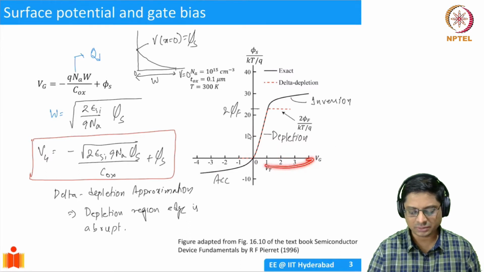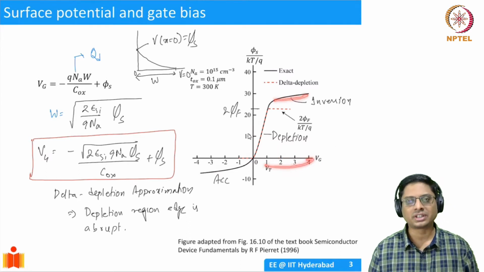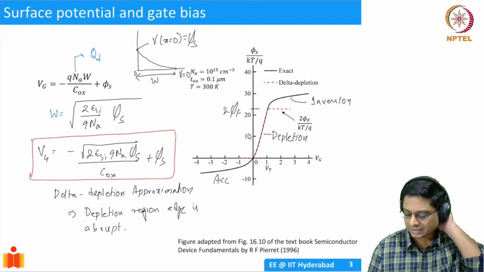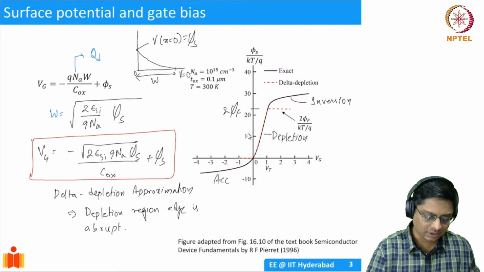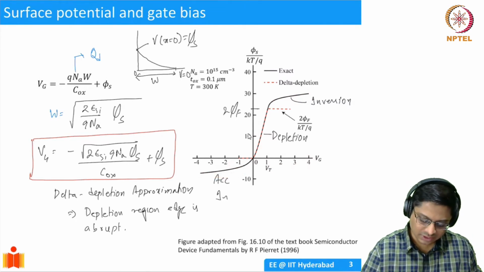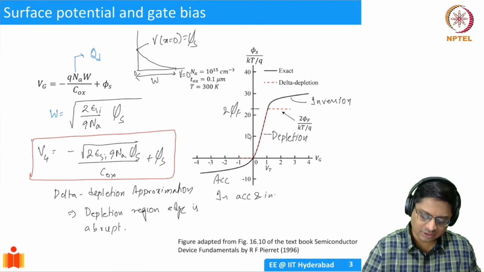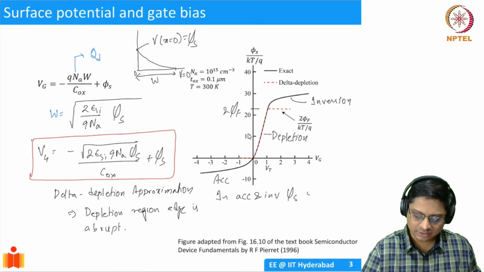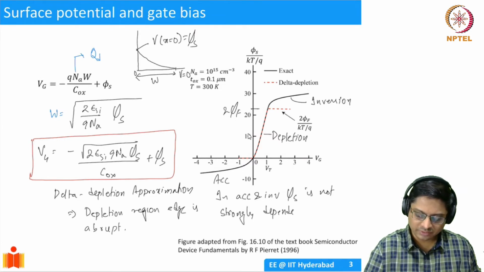You have a large change in the gate voltage, but still a reasonably small change in the surface potential. Similarly in accumulation. So in accumulation and inversion, phi s is not strongly dependent on Vg.